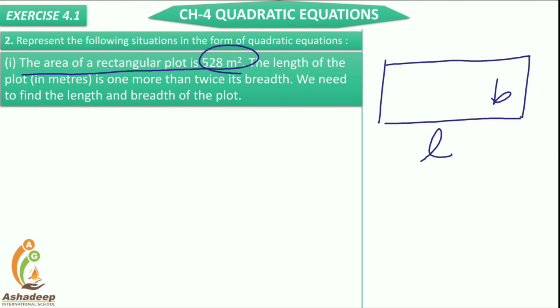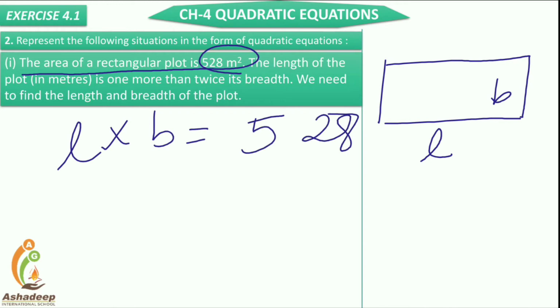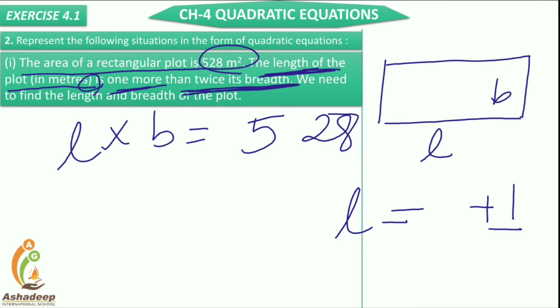So the whole area is given, that is L into b, that is going to be 528 meter square. Now the length of the plot is, now length is, it means equals to, length means L, one more than means what, plus 1. One more than means what, plus 1. Twice that of its breadth. Twice means 2 times. Now breadth means b.